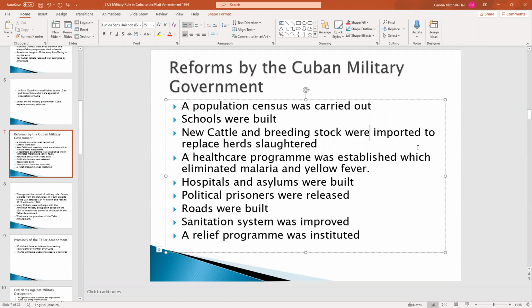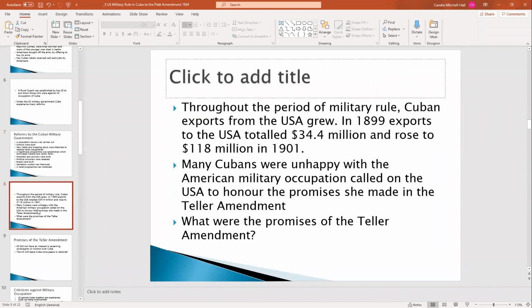So these are some of the things that the military government actually did in Cuba. And not only this, but while they were there governing Cuba, trade between the US and, sorry, US and Cuba grew. So there's a lot of export taking place.